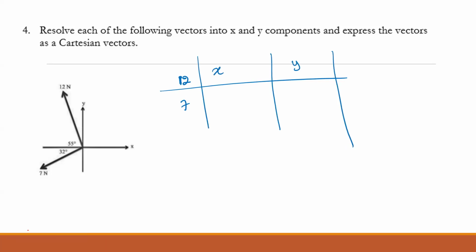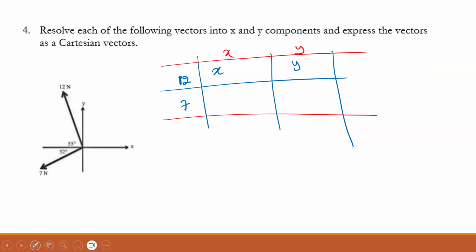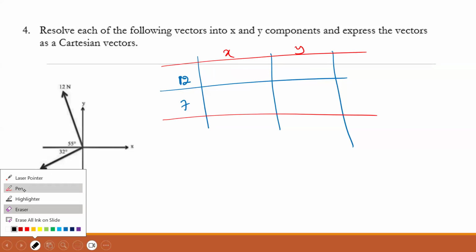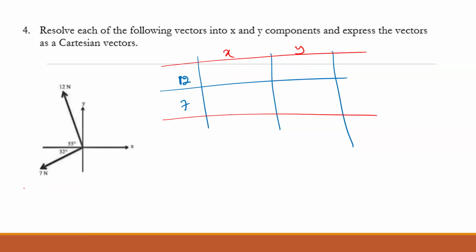The x component of 12 is a negative x. Did you see that? It is negative x because this one will be like this. So it is 12 cos 55 because the angle is taken towards the x side.